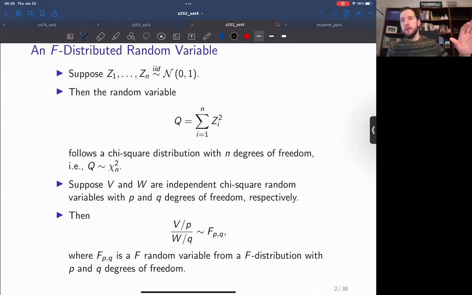So the first point on slide 2 is basically just saying, start from data that's normally distributed. Now, the second point is saying, imagine that you square and add all of these normally distributed observations together. What you get out of that is a chi-square random variable. Variances are chi-square random variables when the data is normal.